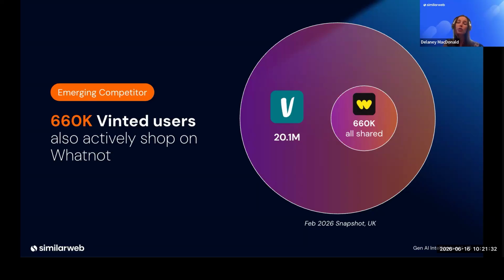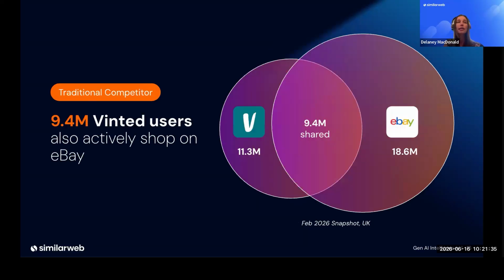And if we compare that to a more established competitor that I'm sure you all know, we see here that the story with eBay is quite different. So Whatnot represents an emerging competitor, but eBay is a very mature competitive relationship. And what we're seeing here is that nearly half of Vinted's audience is also using eBay.